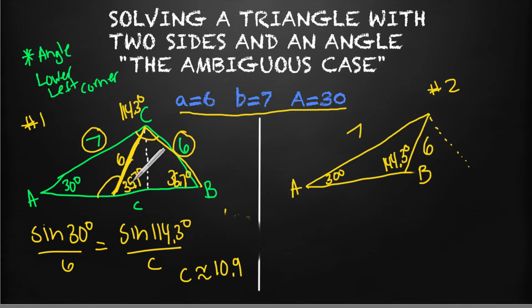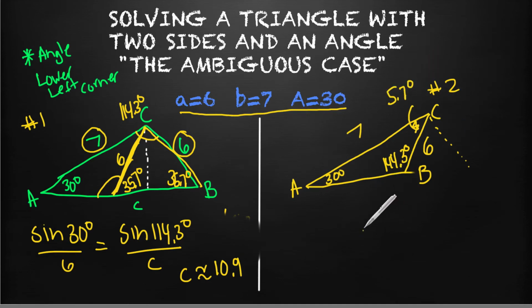Once again, in this second triangle, angle B is always going to be the supplement to angle B in the first triangle. So you're going to have to do both triangles. If we add up 30 and 144.3 and subtract it from 180, this angle, which will be angle C, will be 5.7 degrees.